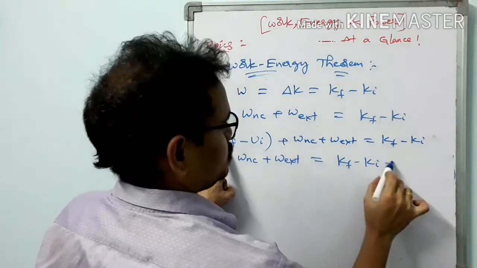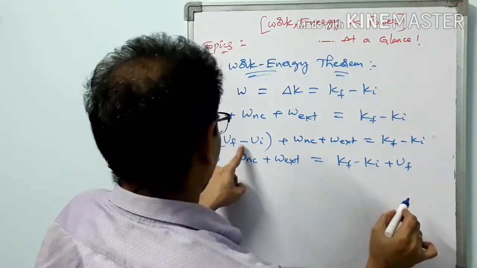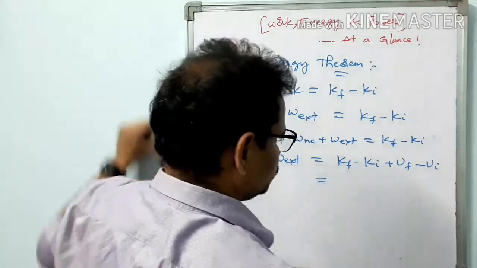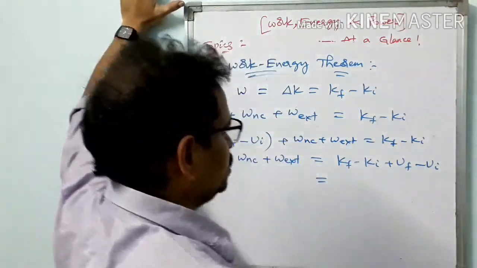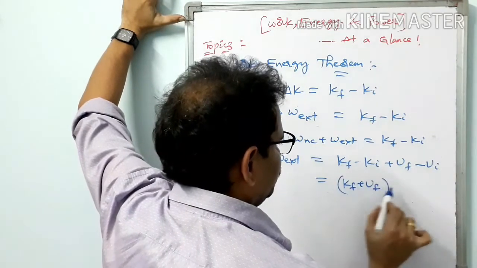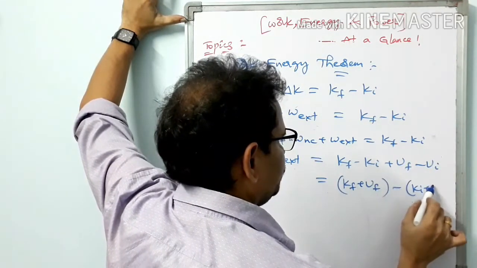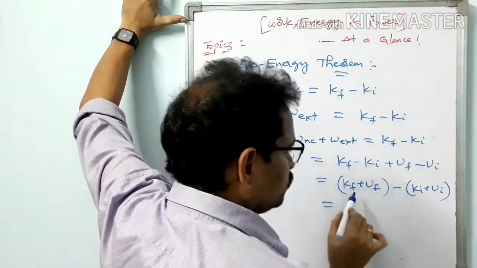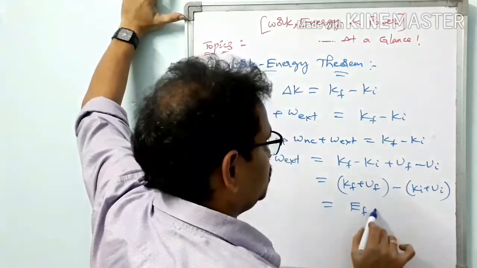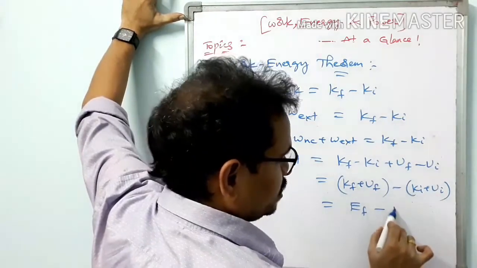Minus Uf goes that side, becomes plus Uf, and plus Ui goes this side, becomes minus Ui. So this is equal to Kf plus Uf minus Ki plus Ui. What is Kf plus Uf? Ef, the total final mechanical energy, minus Ki plus Ui, Ei.